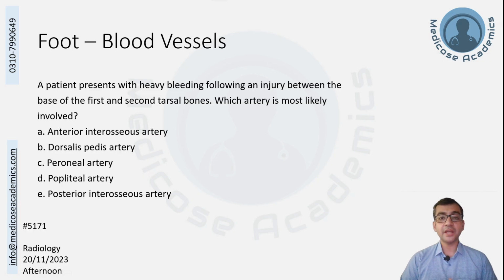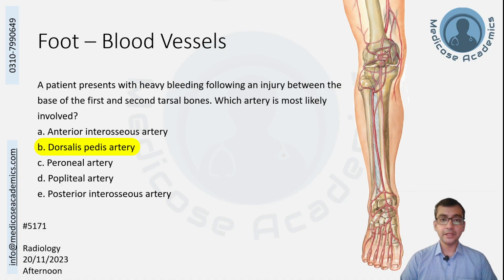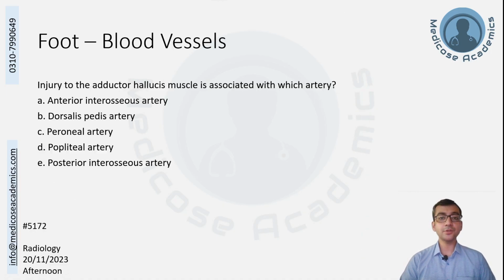A patient presents with heavy bleeding following an injury between the base of the first and second toe. Which artery is most likely involved? Again, the dorsalis pedis artery, the space between these two toes. Injury to the adductor hallucis muscle is associated with which artery?